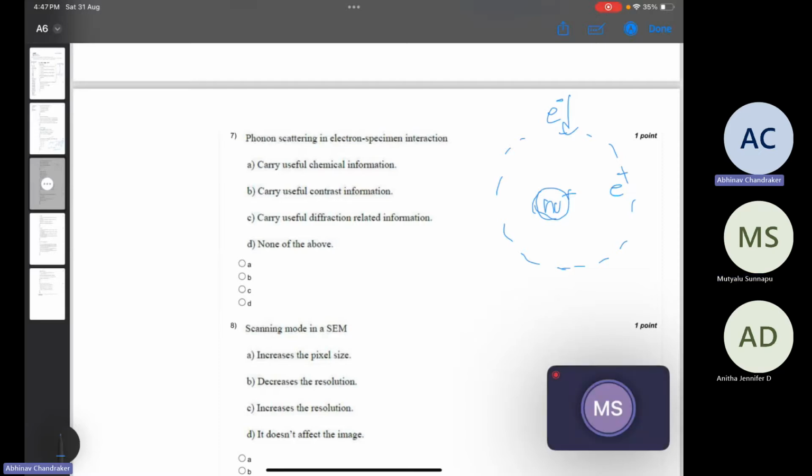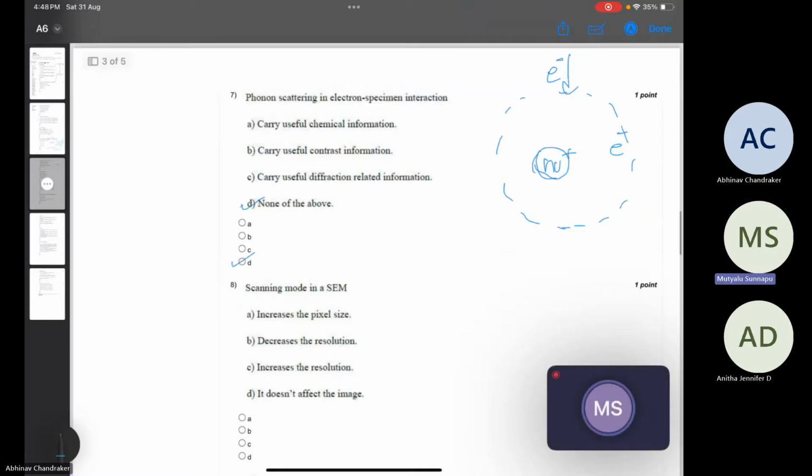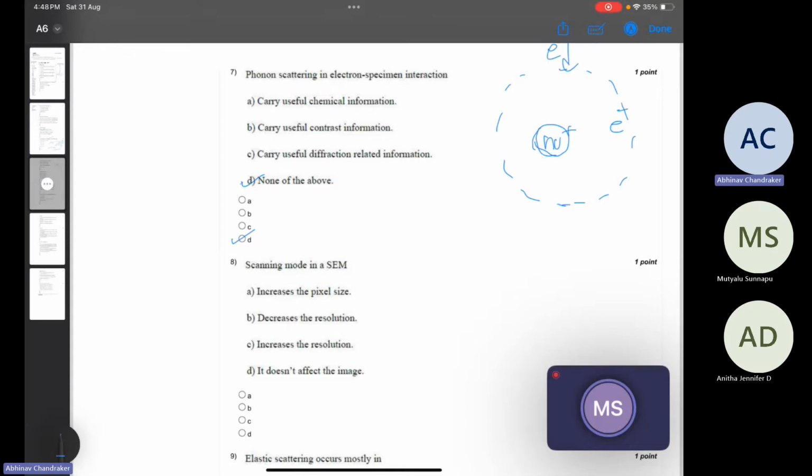Any kind of heating is basically a phonon interaction. Because of this vibration, heat is generated, and this phenomenon is called phonon scattering. There is loss of energy due to this heat, and this usually does not give any useful information because this is just heating that is happening. So the answer will be D. It is just causing heat generation.